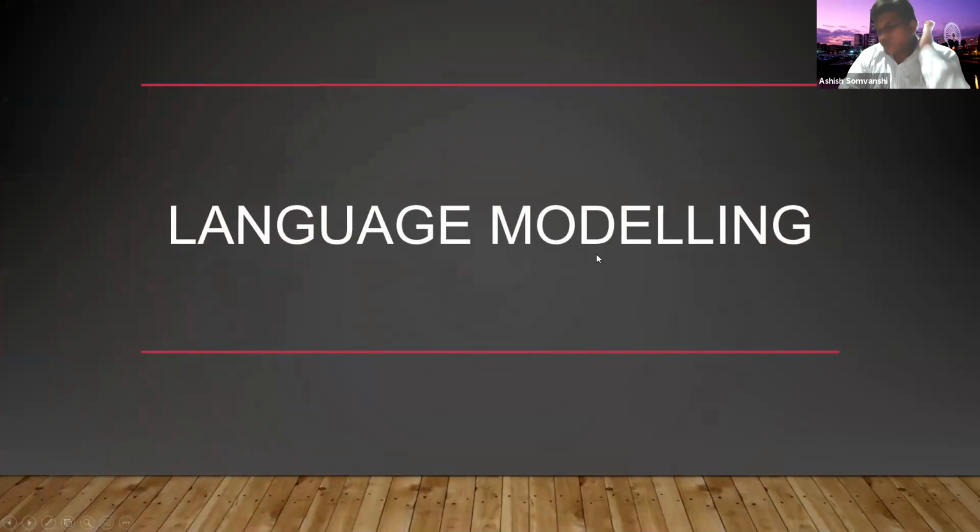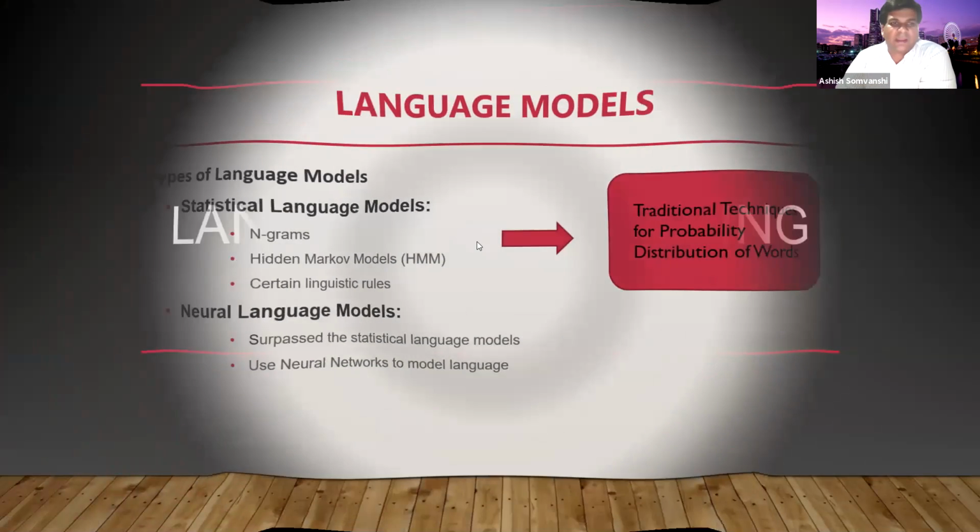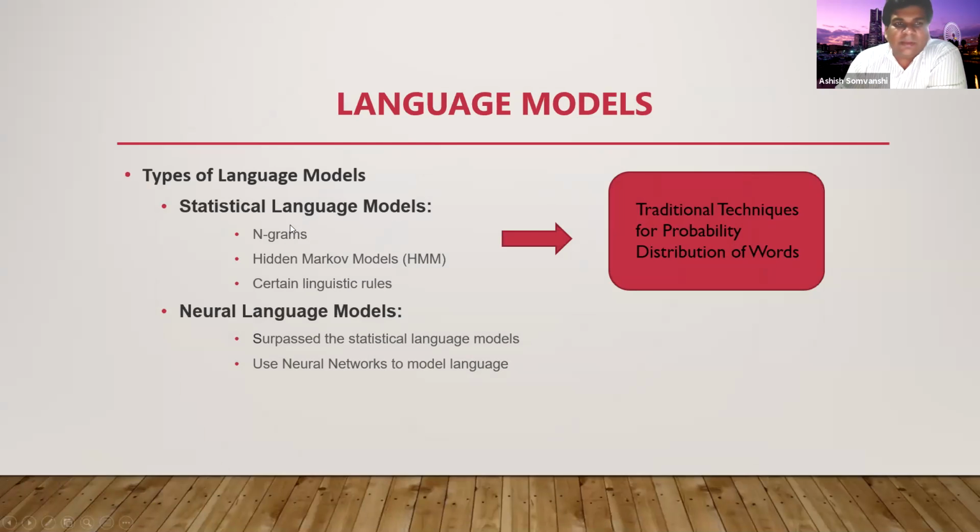Then I was talking about natural language models. The statistical language models were probability distribution based models, like the n-gram, which deals with how the occurrence of a particular sequence of words affects the processing of language.